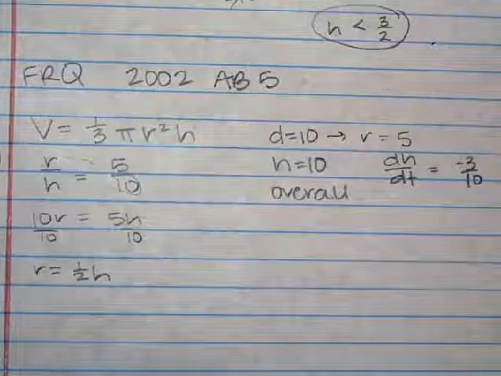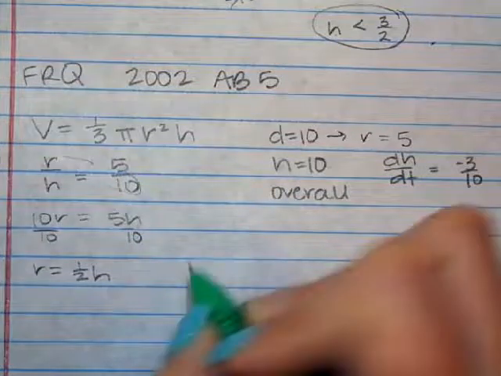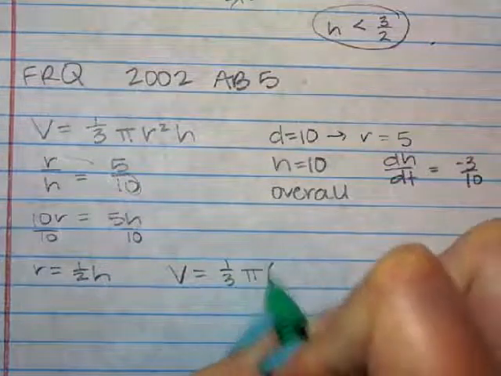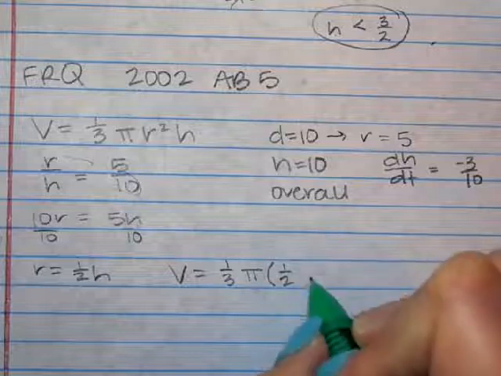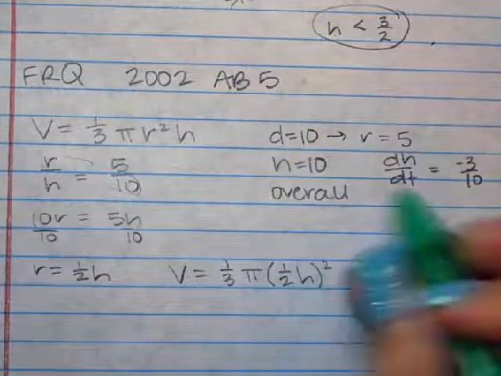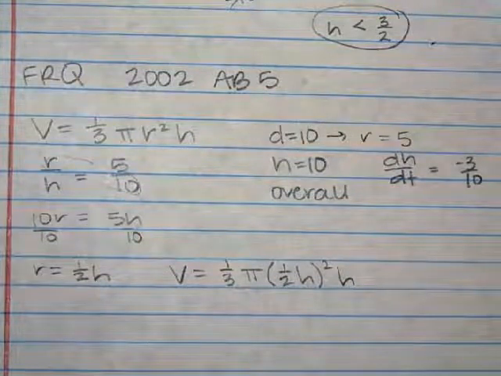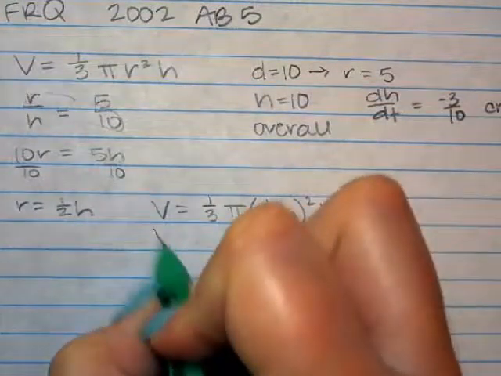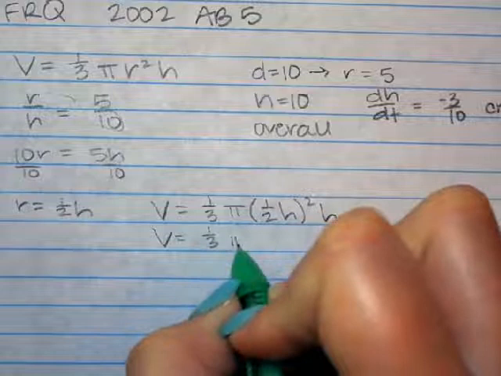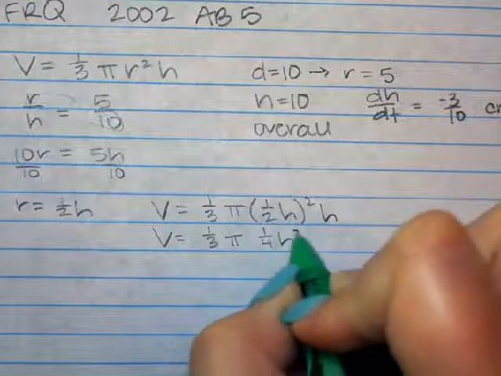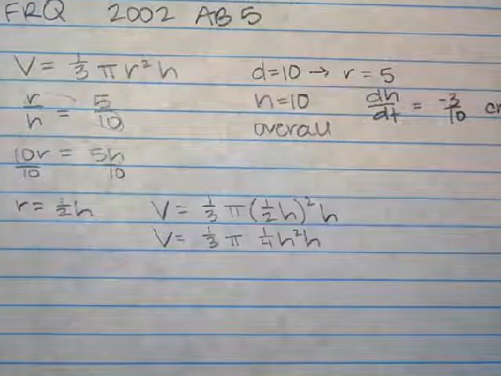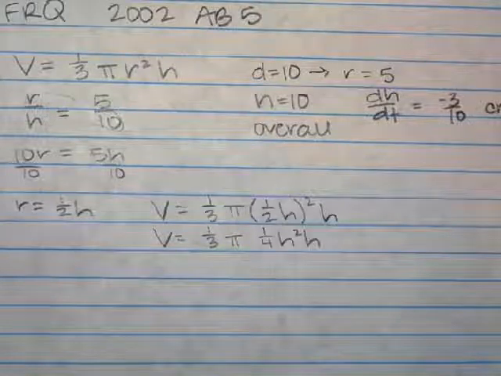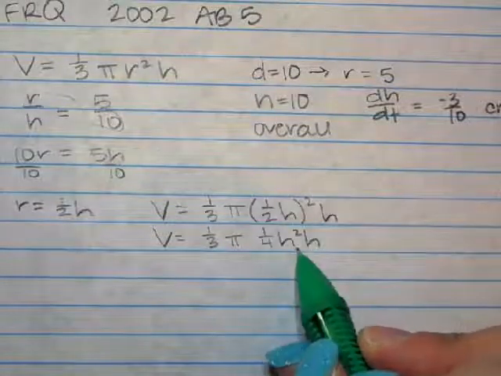Take your formula, plug in the 1/2 h. I'm thankful this time that our fraction is nice, because the last time we did one, that fraction was really messy. So if we simplify that, you don't want to just plug 5 in, because the 5 is not constant.